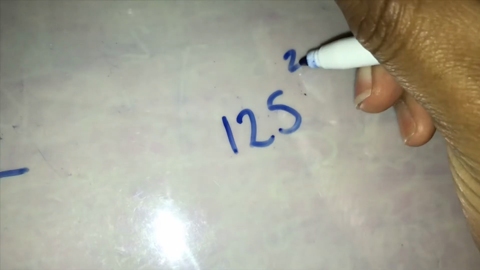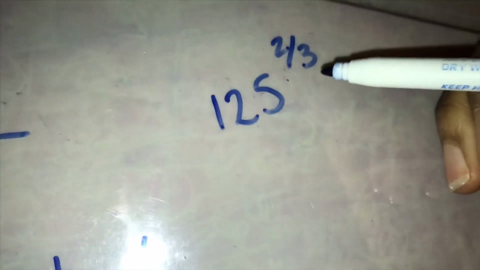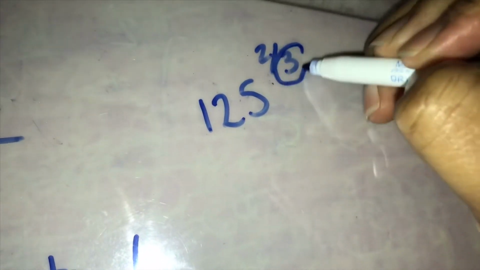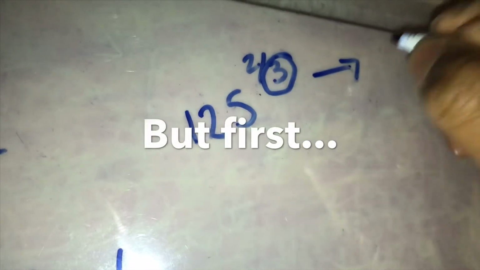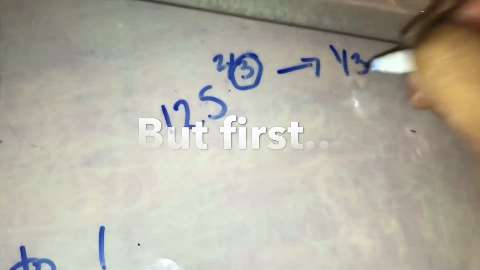Alright, let's try the next one. So let's say it says 125 to the power of 2 over 3. It's the exact same thing that you did before. You're going to cube root 125, so you're going to change the power to 1/3.